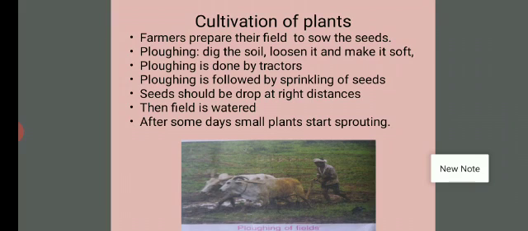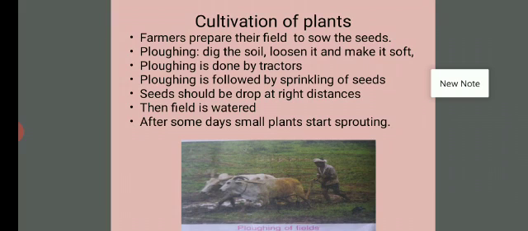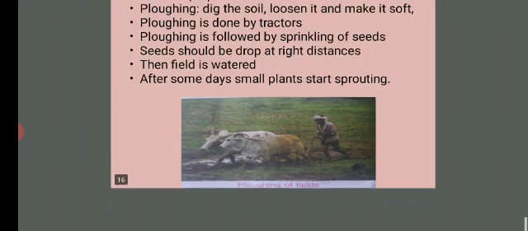So that the plant gets a sufficient amount of nutrients from the soil. Then the field is watered. After some days, from those seeds, a seedling, a small baby plant, develops. This is the process of cultivation of plants.